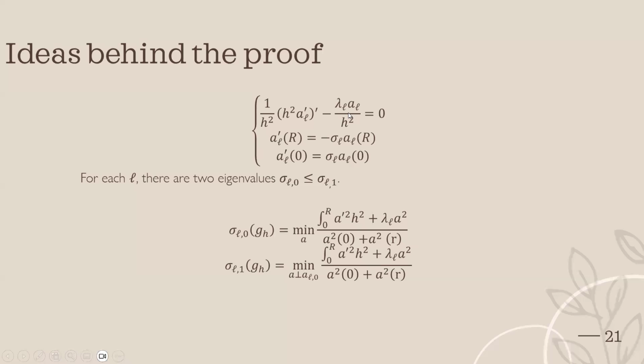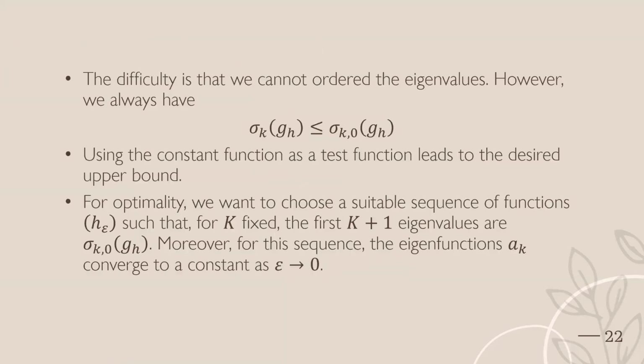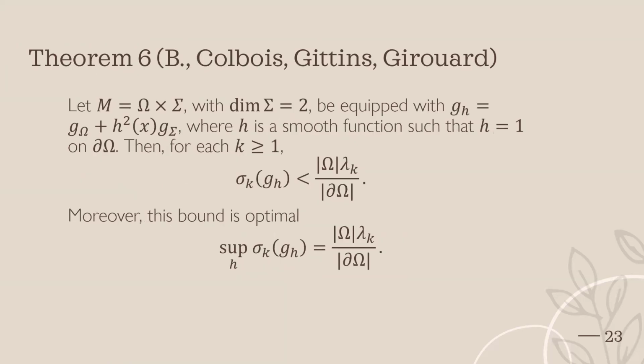So for each fixed L here, we don't have one eigenvalue, we have a sequence of eigenvalues. So this complicates things if we want to order the eigenvalues, and to show the optimality, also this complicates things. So what we did instead was to consider the L2 norms of the eigenfunctions and prove that the L2 norm tends to a constant. I'm not going to go into details, but the idea is using L2 norms.